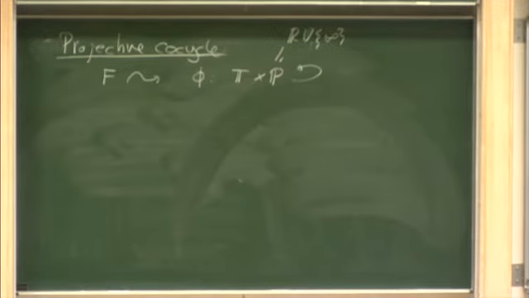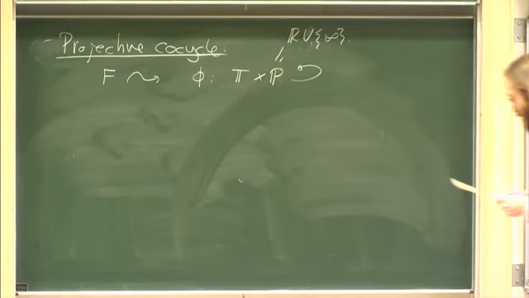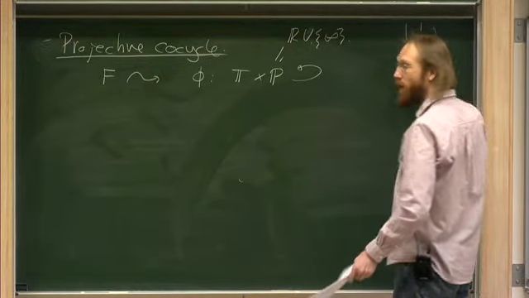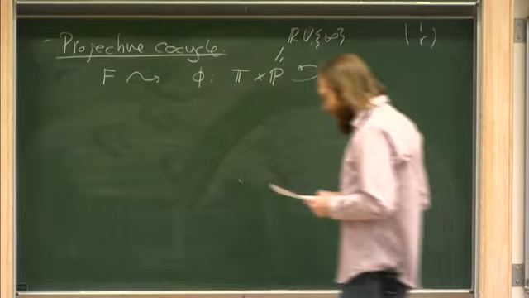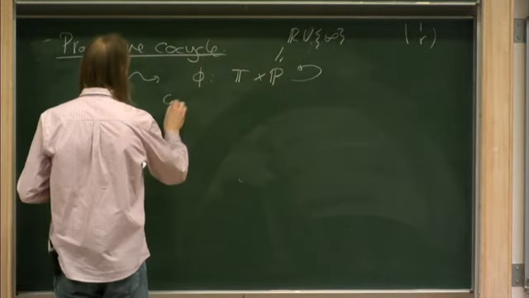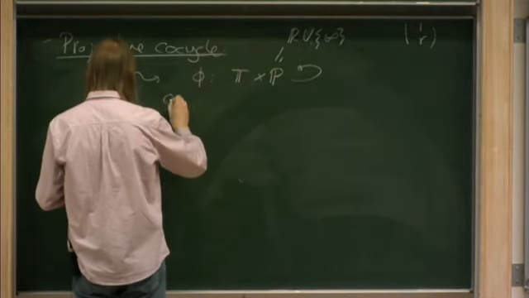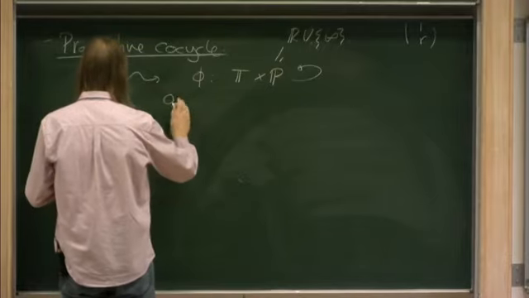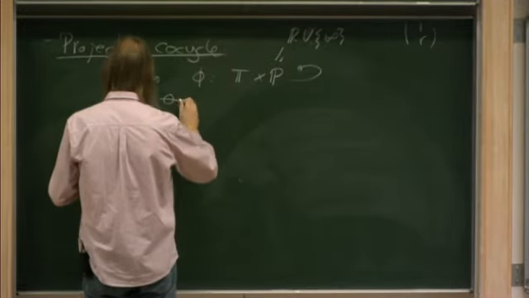Well, it is a circle, but I normally use these coordinates. So you think of an object in this as 1 over R. And then the map is the following.